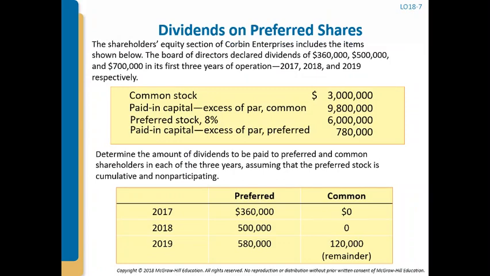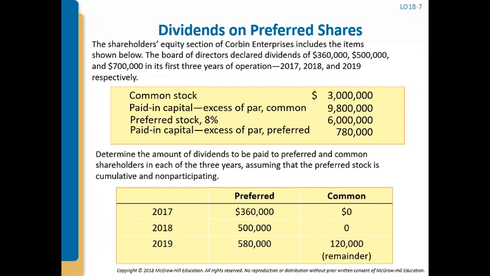Now, we talked earlier about preferred dividends sometimes being cumulative, and so here's an example of that and how that would affect the payment of dividends to common shareholders. And so in this example, you have this company, Corbin Enterprises.